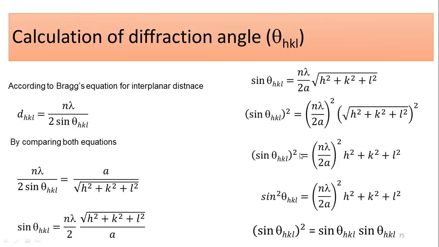With the calculation there is no change in the final value, but this is the right way to express it, so sine square theta equals this whole value. So you can calculate sine theta or theta, and you can also calculate sine square theta by using this equation, and these two are important to be used for some sorts of calculation.